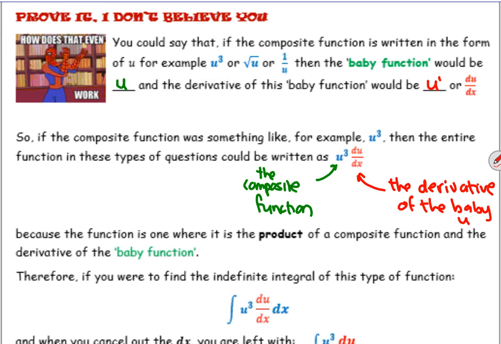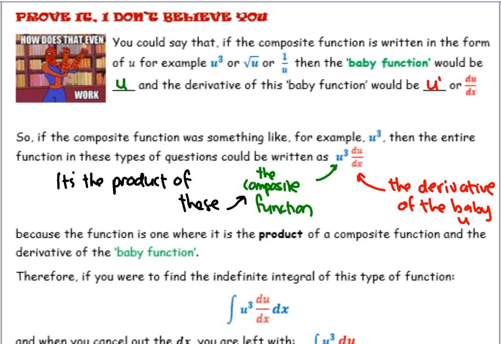And it's the product of them, meaning those two things are multiplied together. So you can rewrite the whole thing, if it was u cubed, as the composite function multiplied by the derivative of the baby.